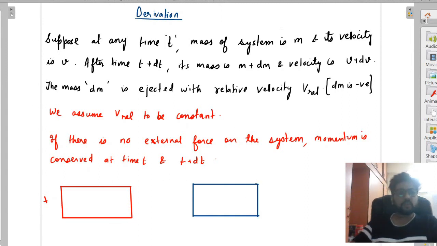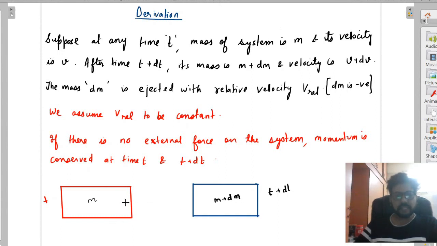So at any time t the mass is m, and at time t plus dt, the mass is m plus dm.